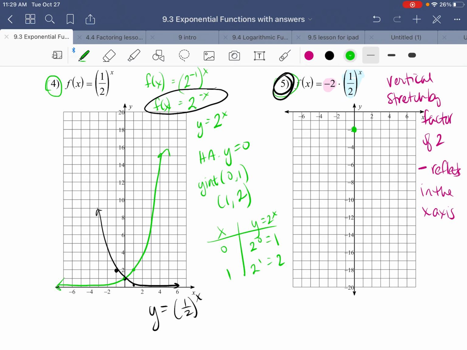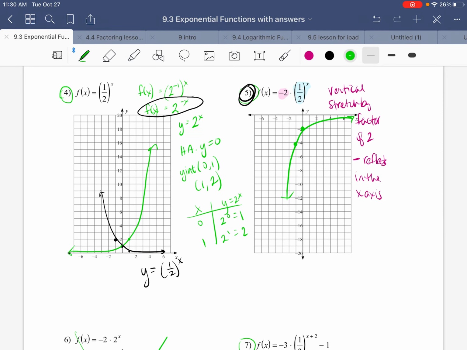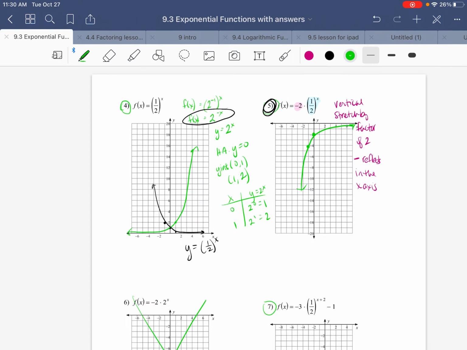And instead of having a y value of 2 here, it's going to be doubled, which will be 4, but it'll be upside down. So it's going to be here. And then you can do your graph. So that -2 multiplied in front did a vertical stretch, and it reflected it in the x-axis.